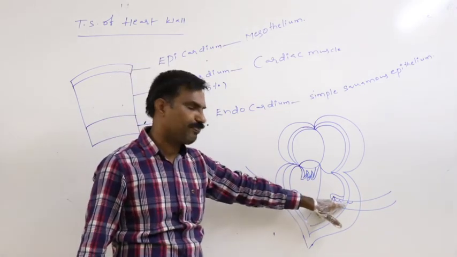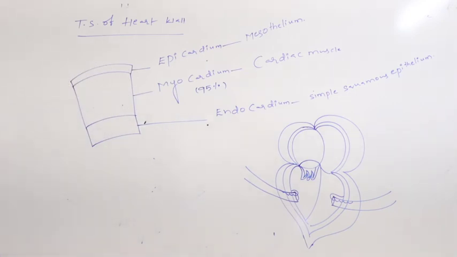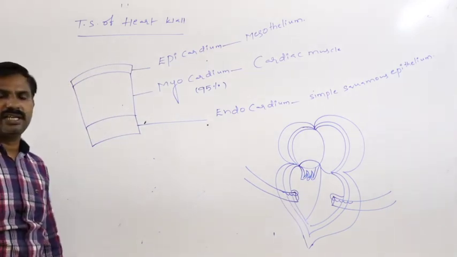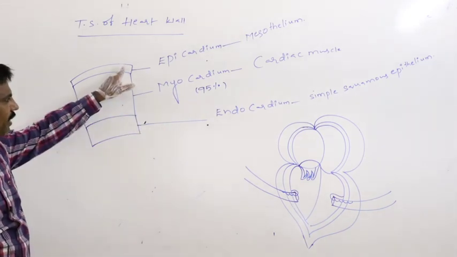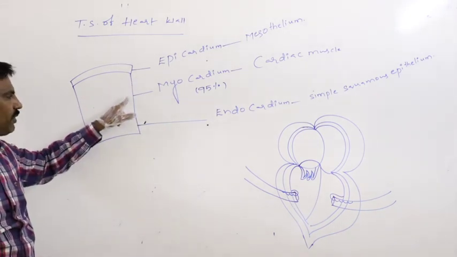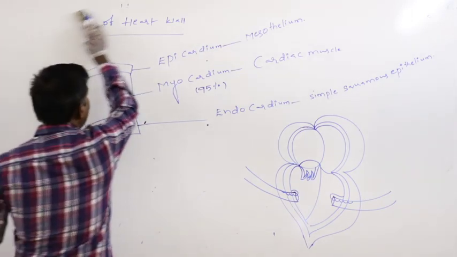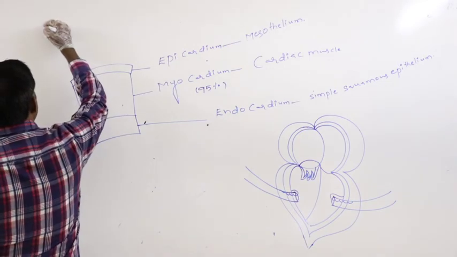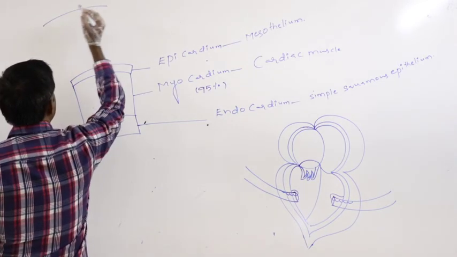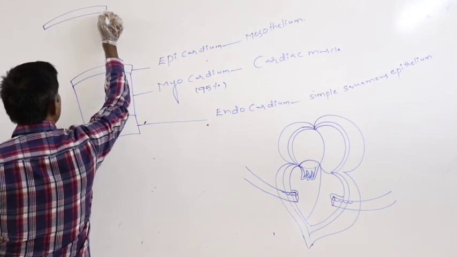This is the endothelium. In that way, in the heart wall, the layers from outer to inner are epicardium, myocardium, endocardium.